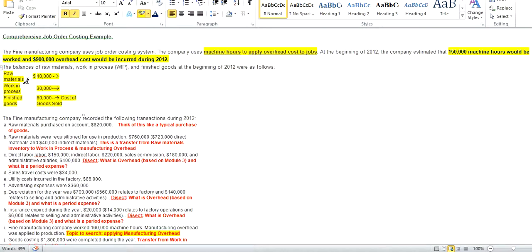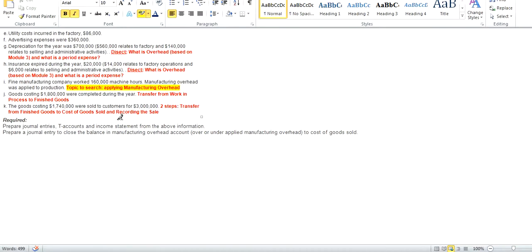That raw materials, work in process, and finished goods are all inventory accounts, and that the purpose of recording all of these transactions is to move the cost through the various different buckets, with the ultimate ending being when we get to cost of goods sold once the goods have been sold. So understand that we're watching the costs move throughout the production and ultimately to sale.